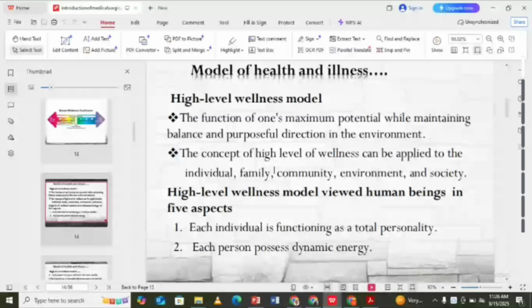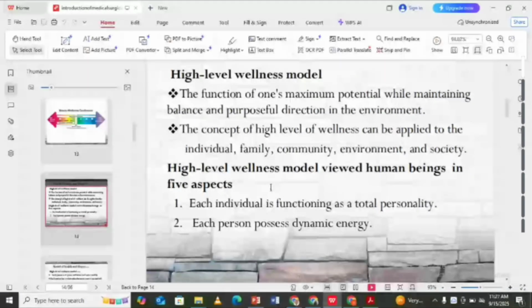And the high-level wellness basically can be applied across lifespans, across families, across individuals, across communities, across societies, where if people are well educated, awareness is created about diseases, then high-level wellness will be maintained. If this is not observed, then again diseases will come in, signs and symptoms will present, disability will come, premature death is going to happen.